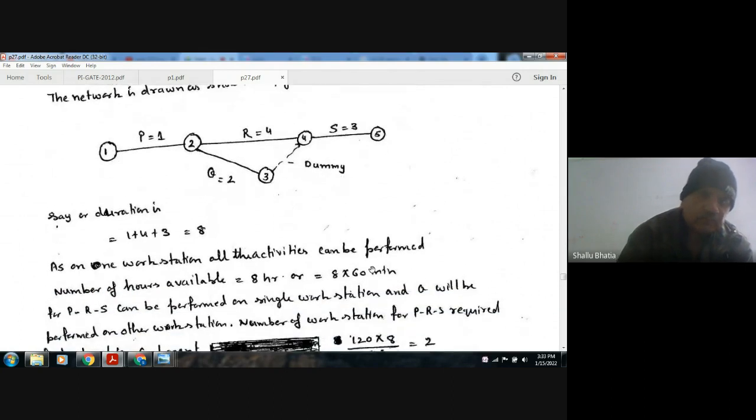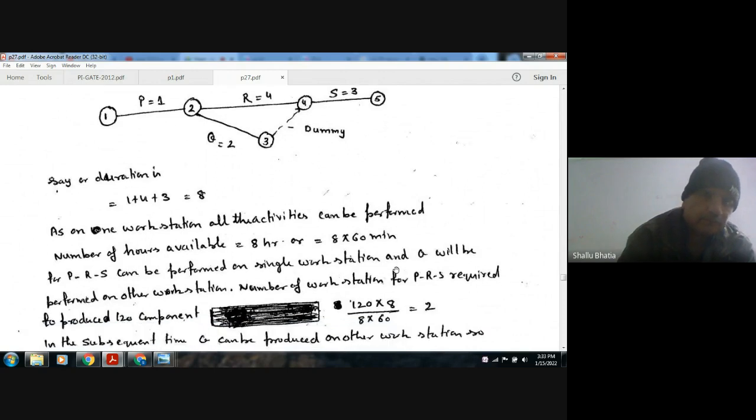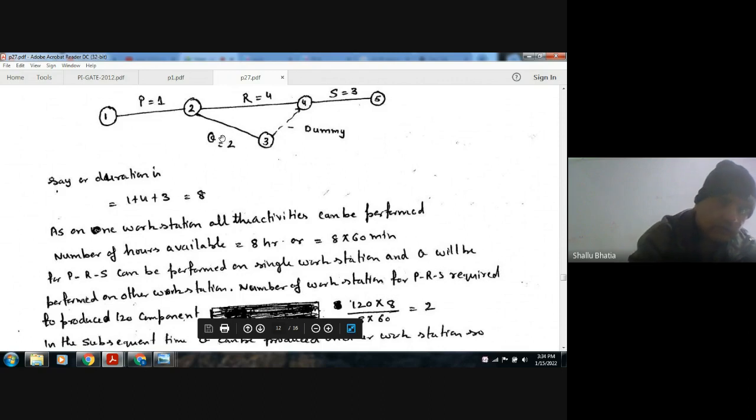Okay. So this is in hours, so in minutes it is 8 into 60. Okay. So one job can flow from here. So P, R, S can be on a single workstation. Okay. So one job will take 8 minutes.